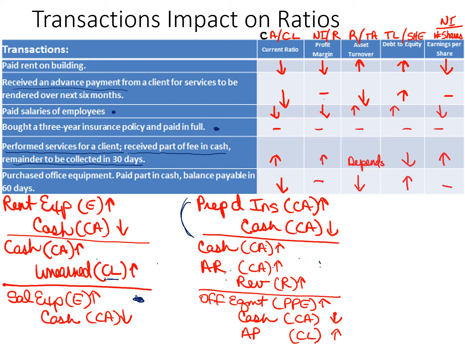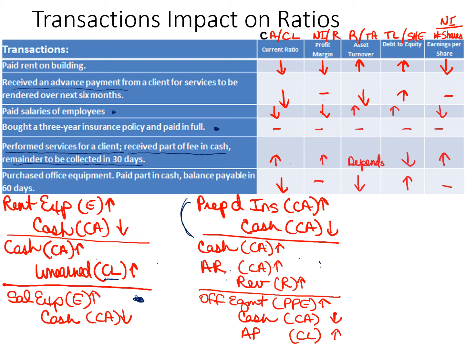It's going up. So when I look at the current ratio, because my current assets are going up, my current ratio goes up. Net income to revenue, well, my revenue is increasing, so my denominator is getting larger, and so that means my profit margin will increase as well.